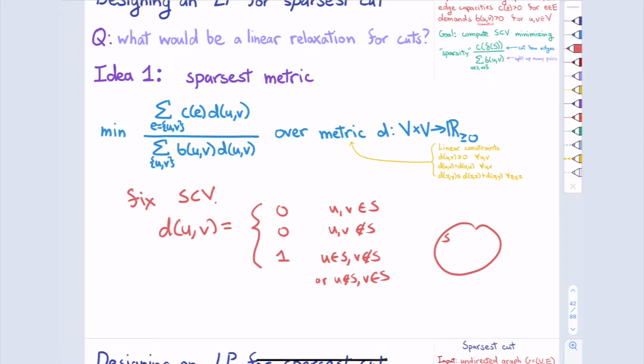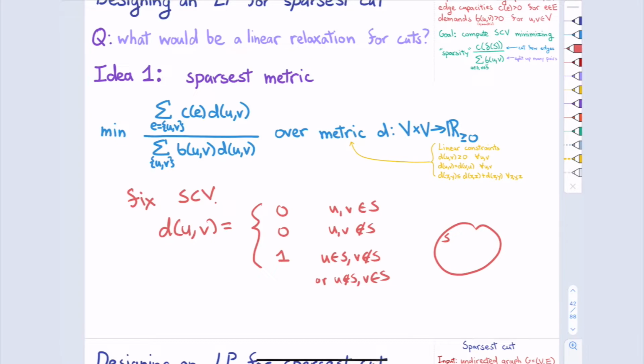One really nice thing about metrics is that their definition itself is a bunch of linear inequalities, right? The distance between any two points has to be at least 0. The distance from A to B has to be equal to the distance from B to A. And you also have the triangle inequality, like the distance from A to B is at most A to C plus C to B. So the fact that we can express metrics with linear inequalities is what makes this feasible.